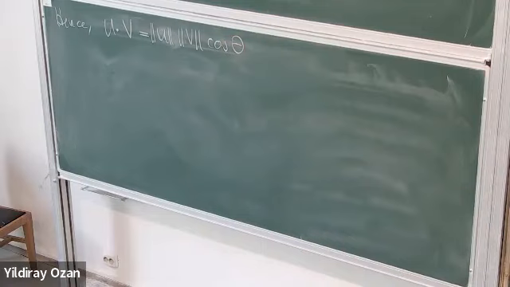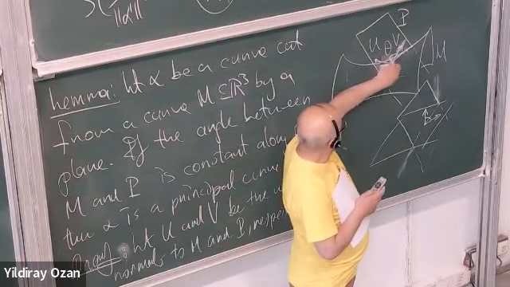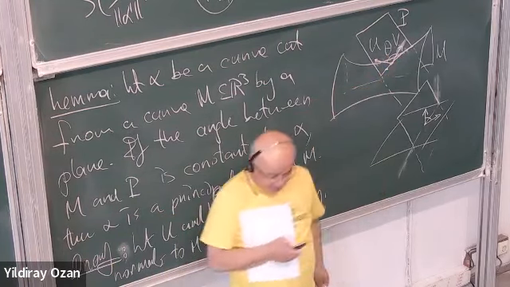Of course, as you move on this curve, as time passes, both these vectors change and the angle in general might change, but in our case, it doesn't change. So theta is a constant angle. In general, it might change, but by assumption, it is constant.